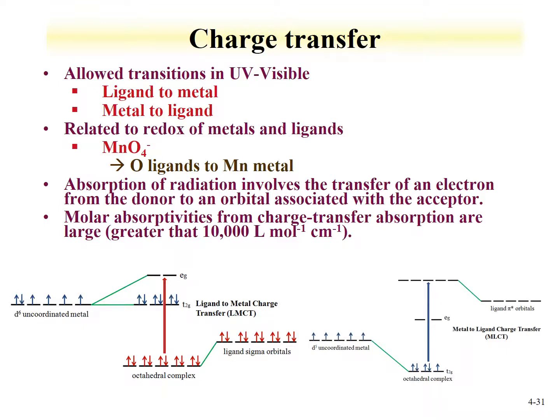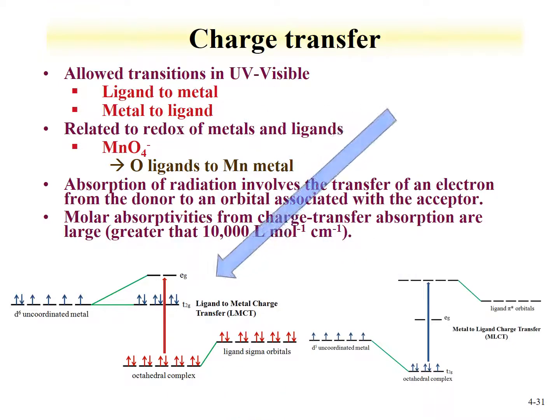Charge transfer bands can also be observed in the UV-visible spectra. These tend to have very large molar absorptivities, so they can be dominant peaks. The charge transfer bands can be divided into two. You can have a ligand to metal charge transfer band. An example here are electrons, which are ligand in nature, being promoted to an orbital which is primarily metallic in nature, so we have a ligand to metal charge transfer band.